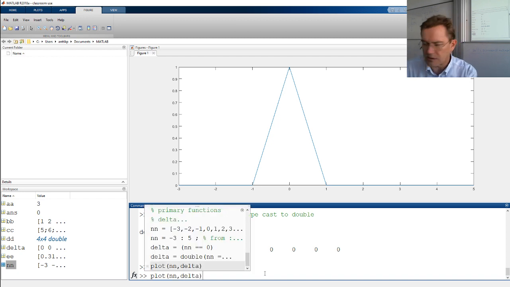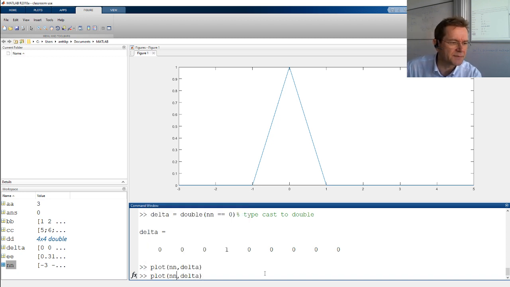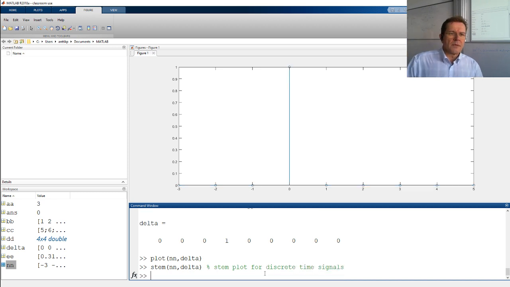What I would like to have is a stem plot. There. Okay, so we have 0, 0, 0, and then it jumps to 1. Okay, that looks pretty nice, actually.